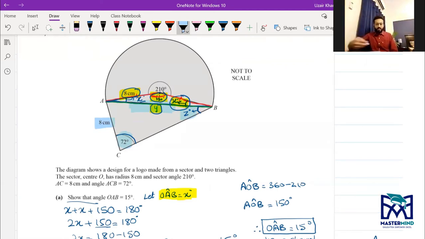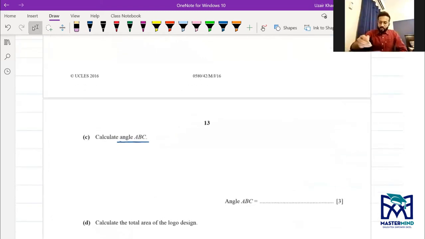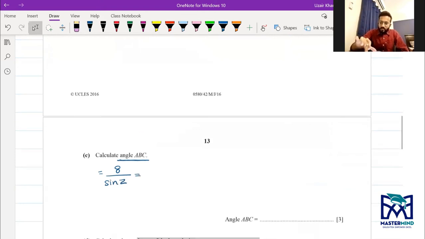So it's obvious that we can use the sine rule again, but this time we're finding the missing angle. In the previous part, we used the sine rule to find the missing length. So this will be 8 centimeters divided by sine of angle Z equals the length that we found, 15.44.